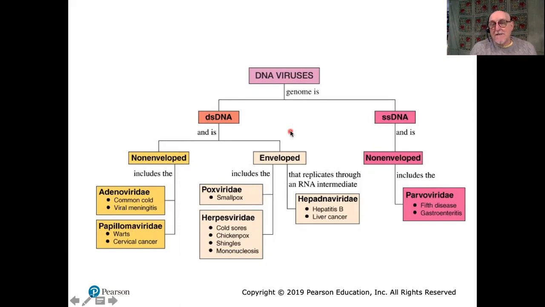The other thing to tell you is that if there is a variability possible in the genome, viruses have it, and you'll see what I mean. We are used to the idea already that, for example, DNA is a double-stranded nucleic acid, where RNA is a single-stranded nucleic acid.